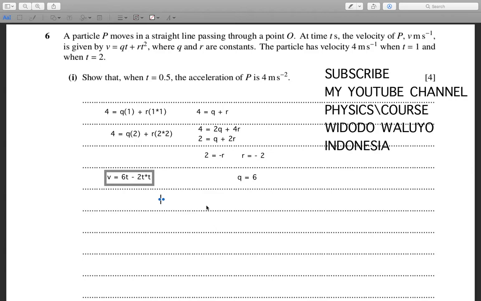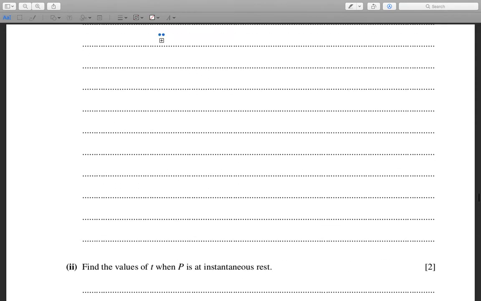Now the question is, when t is 0.5, the acceleration of P is 4.